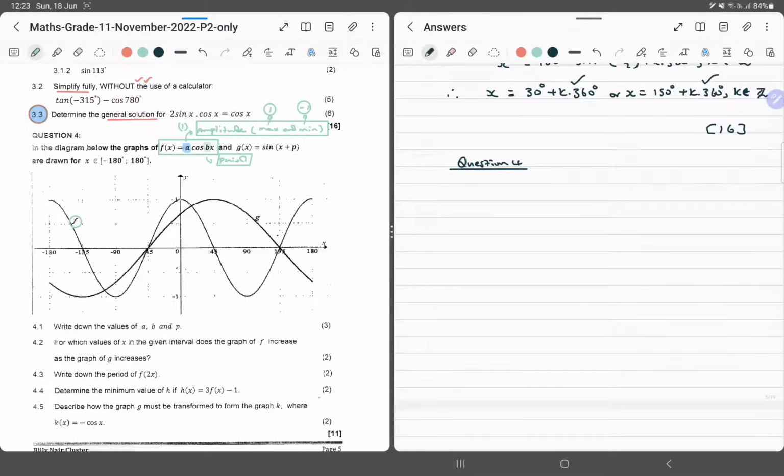Now, we look again and say, fine, cos usually is 0 at 90, but now it's happening at 45 degrees. So what happened here? Stuff happened, right?